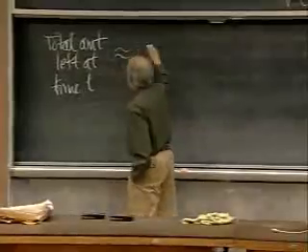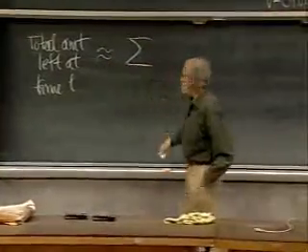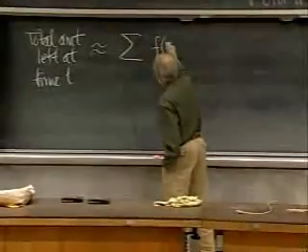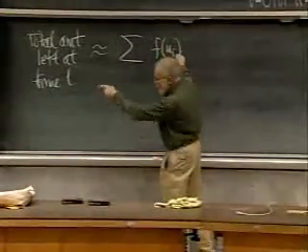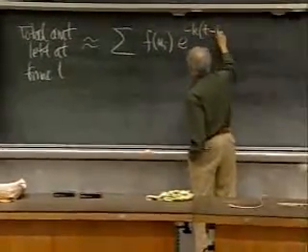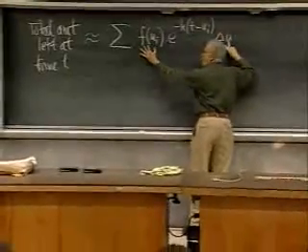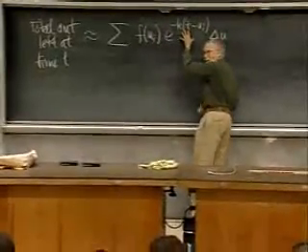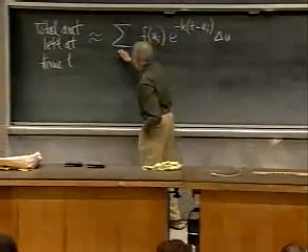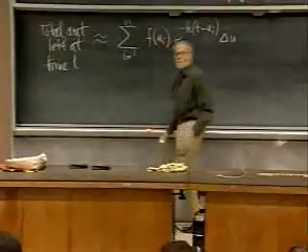It will be approximately, you add up the amount coming from the first time interval plus the amount coming in, and so on. So it will be f of ui, I'll save the delta u for the end, times e to the minus k times t minus ui, times delta u. So these two parts represent the amount dumped, and this is the decay factor. And I add those up as i runs from, well, where did I start? From 1 to n, let's say.